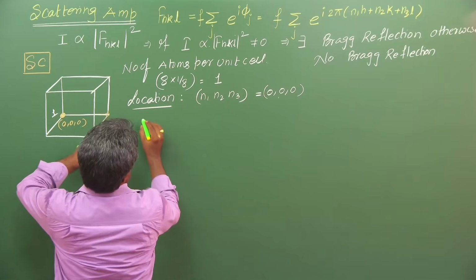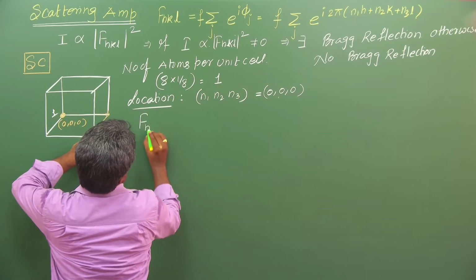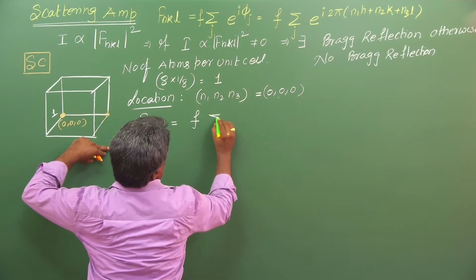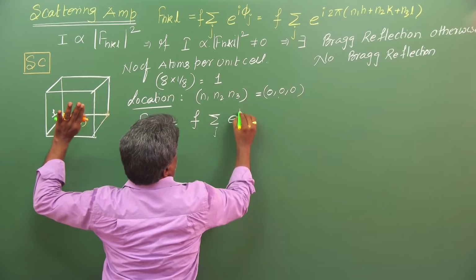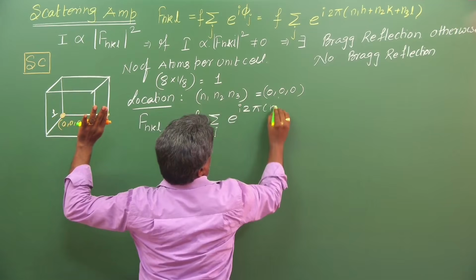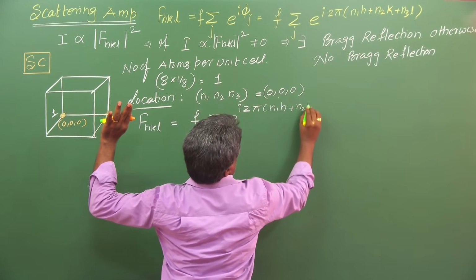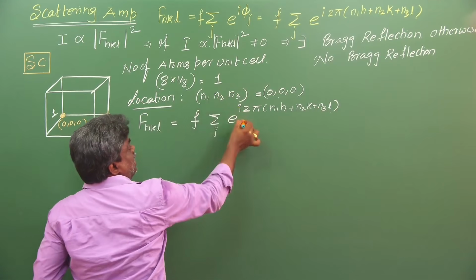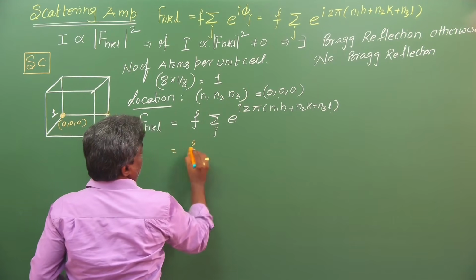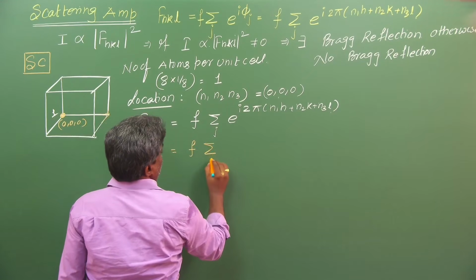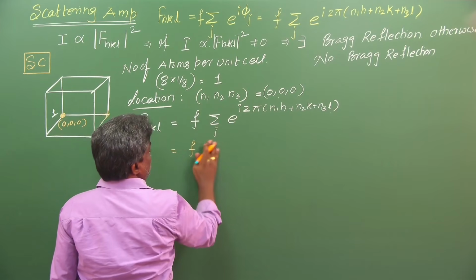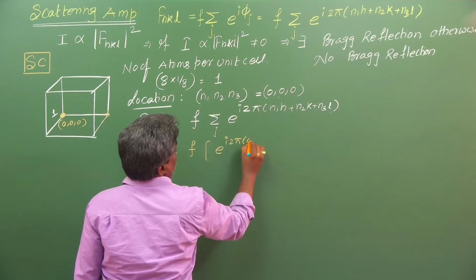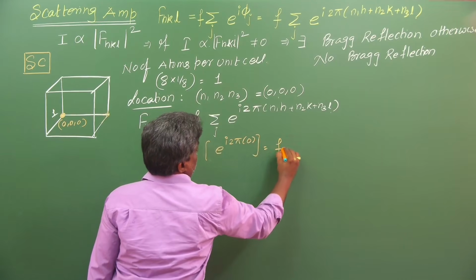Okay. Now I am taking the scattering amplitude F_HKL equals f summation over j, just I am writing e raised to i 2 pi (n1h plus n2k plus n3l). Now please take this and substitute. Then f, ready? Summation is not required because there is only one atom. So e raised to i 2 pi into how much?